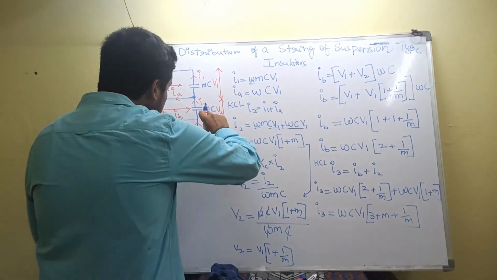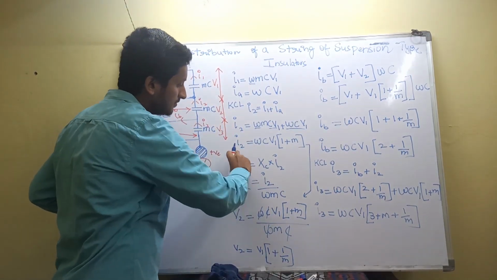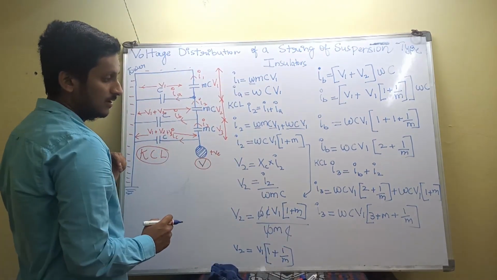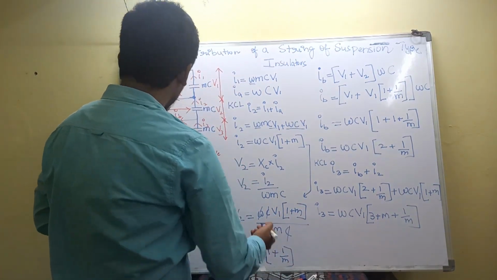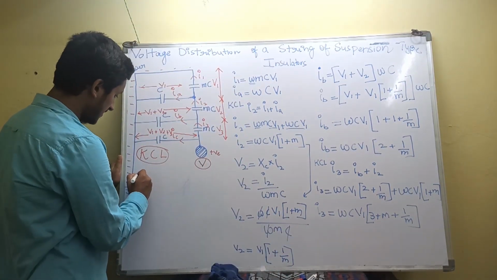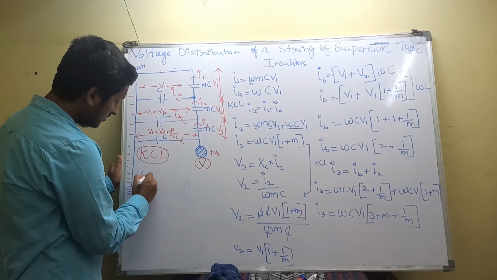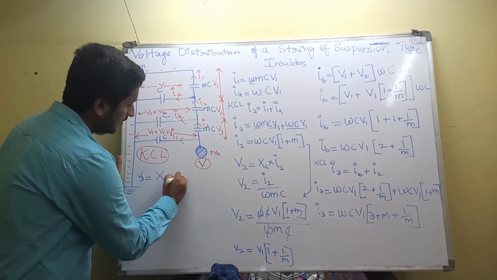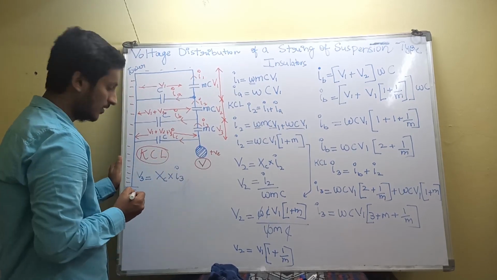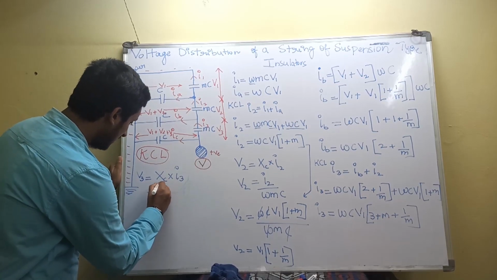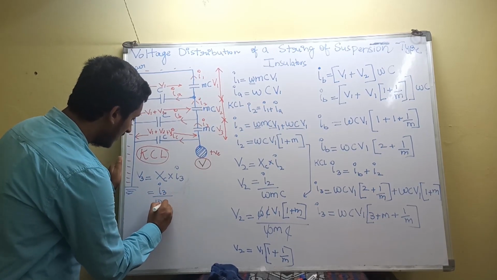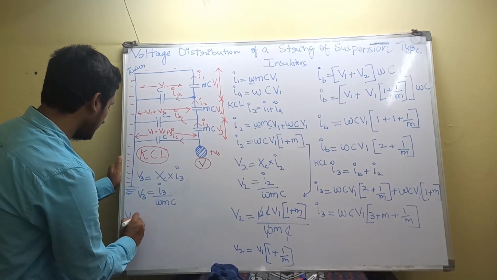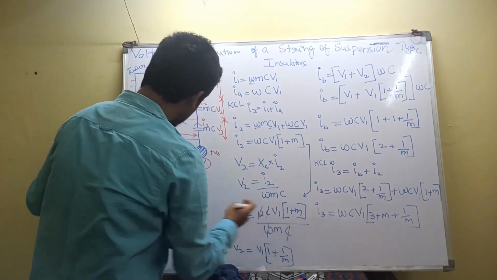Again, at this part, when you check the voltage, you can write V3 is equal to XC into I3. Again we can write this as I3 by omega MC. This is V3. Now I can write this V3 here and replace this equation here.